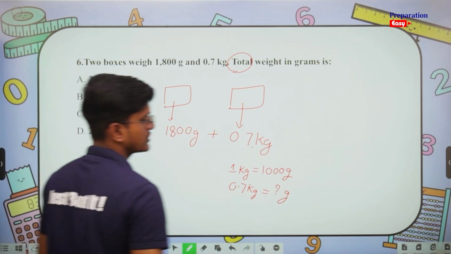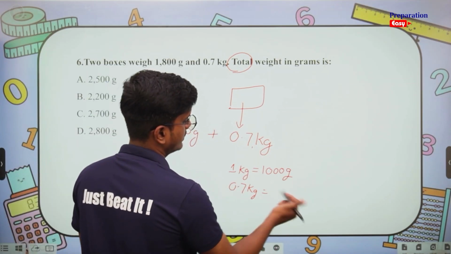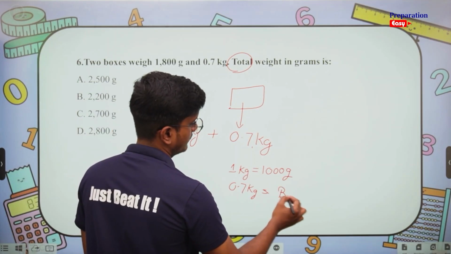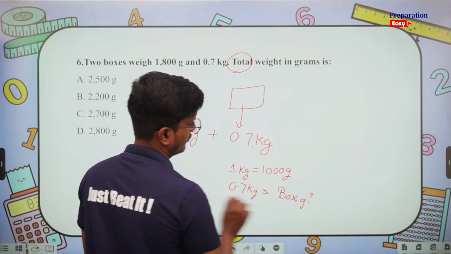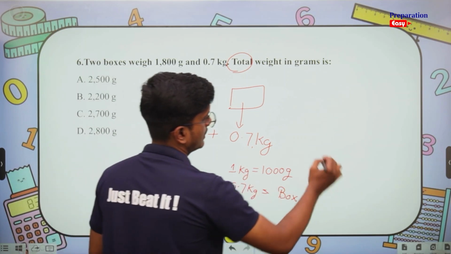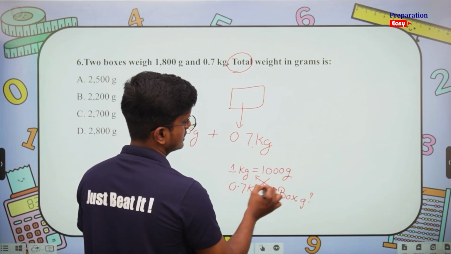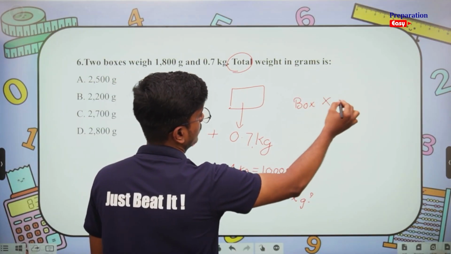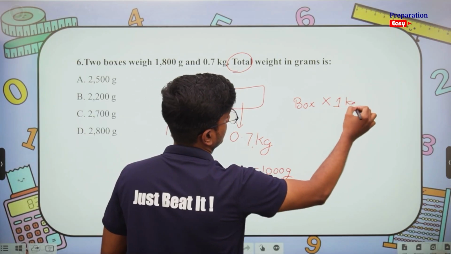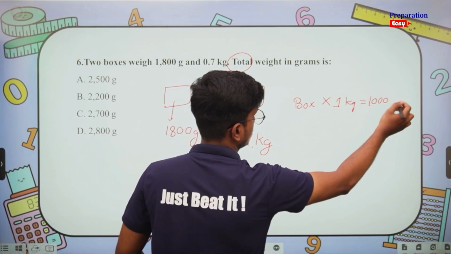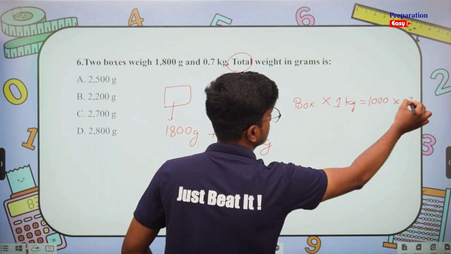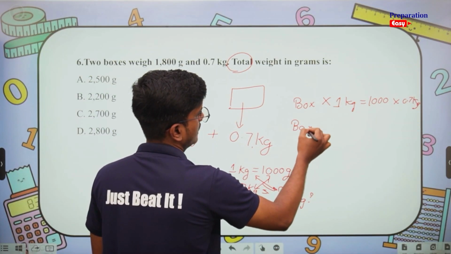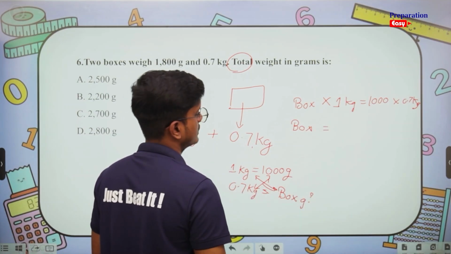Let's do the cross multiplication. We don't know the grams for 0.7 kg, so we'll cross multiply it. So box into 1 kilogram equals 1000 into 0.7 kgs. 1 into box will be box, anything into 1 is equal to the same thing.